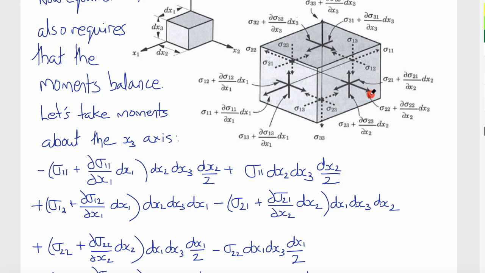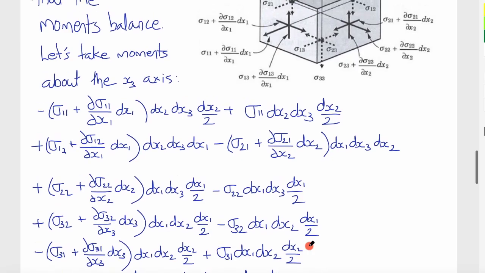So this traction here is sigma 2,2 plus del sigma 2,2 del x2 times dx2 times this area, dx1, dx3, times the moment arm, this distance here, which is dx1 over 2, minus the moment due to sigma 2,2 here, which is sigma 2,2 times dx1, dx3, which is the area, times the moment arm, dx1 divided over 2.